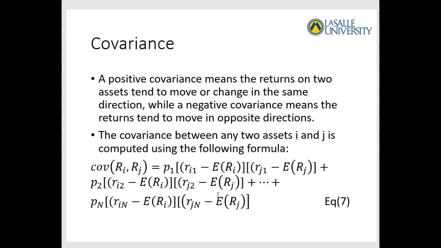The only difference between these two formulas, equation 5 and equation 7, is that in equation 5 we had this value squared up, whereas in equation 7, because we're considering two different assets, it's the difference of Ri with its expected return and the difference of Rj with its expected return multiplied by the probability for that particular instance. Let's use the same example that we used for variance to help us understand how we can use this formula for covariance as well.